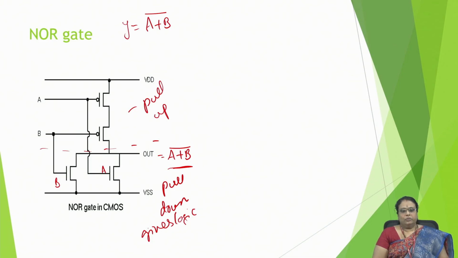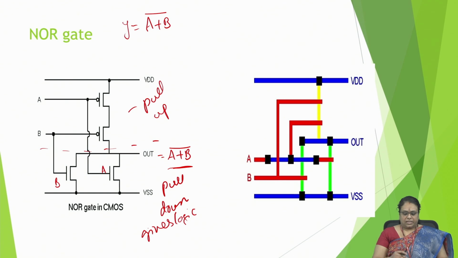And I already told you, when we draw the layout, it is a block of metal, poly, N diffusion or P diffusion drawn as blocks, and stick diagrams are represented using sticks. So this is the layout we get, or simply, the sticks will be the stick diagram for this NOR gate.